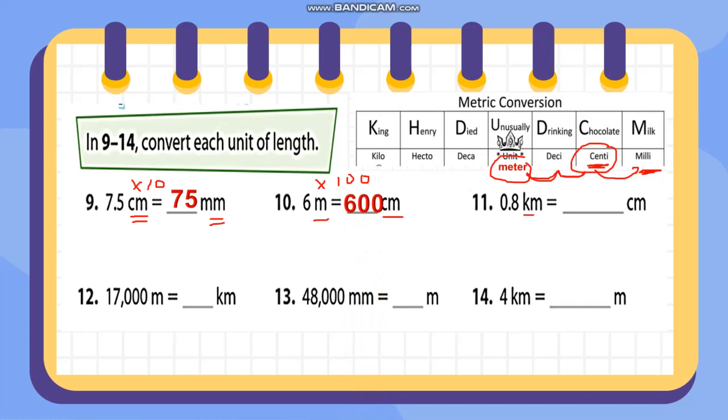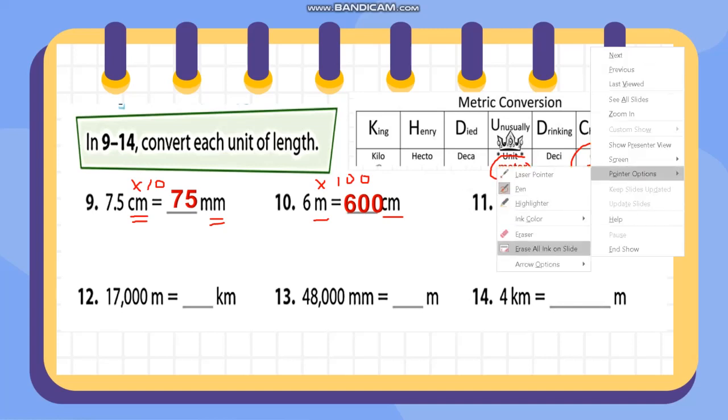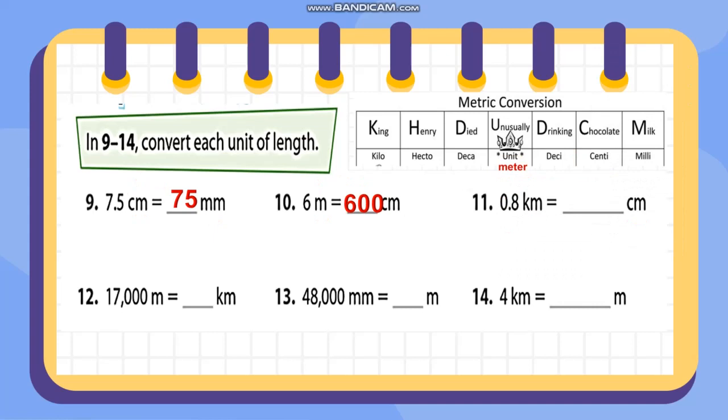0.8 kilometer to centimeter. If I'm going to convert 1 kilometer to centimeter, how many movements? This is tens, hundreds, thousands, 10,000, 100,000. So it means that is multiplying by 100,000.